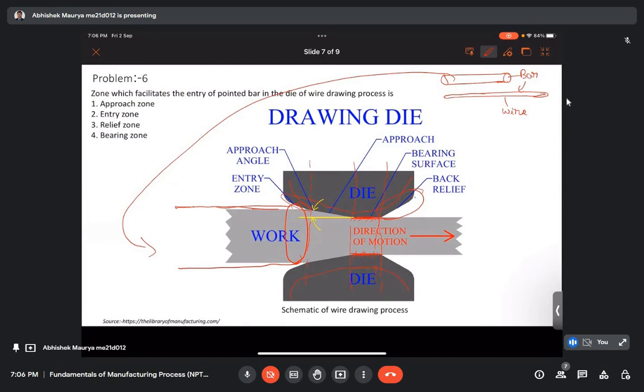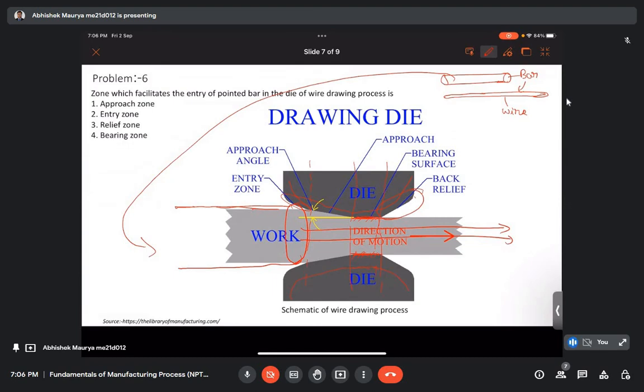We just take the bar and feed it inside the die, and then we try to pull this bar towards the outside of the die, and we are expecting this bar will get deformed and take the shape of the die.